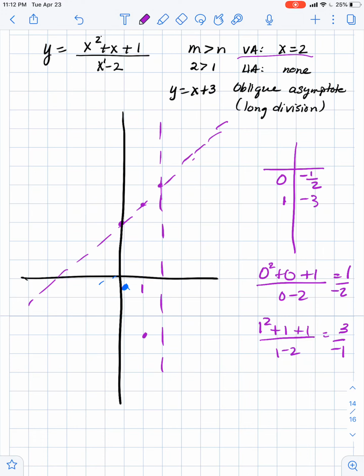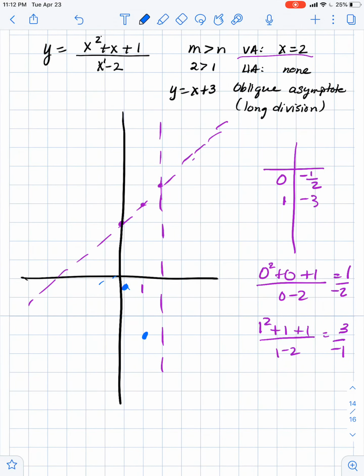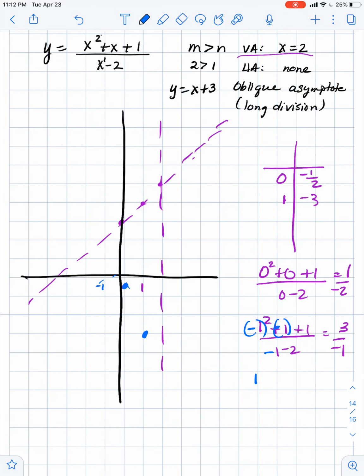1, 2, 3. Okay? Again, you can see. If you want to check one more, I would go over to a negative 1. So that would be 1 minus 1 plus 1 over negative 3.